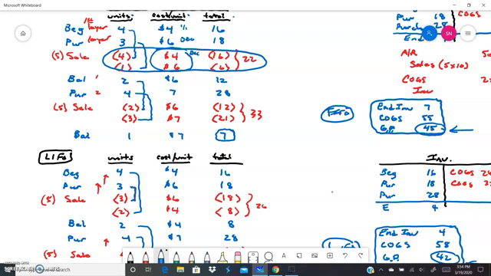So here what you have is a sale that occurred in December being matched with a cost of goods sold that includes a December purchase and January inventory. Again, a December sale that's matched with a December purchase and January inventory.